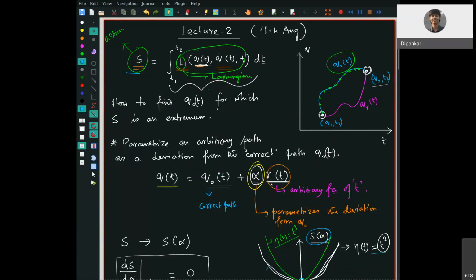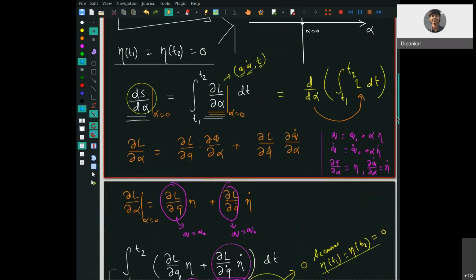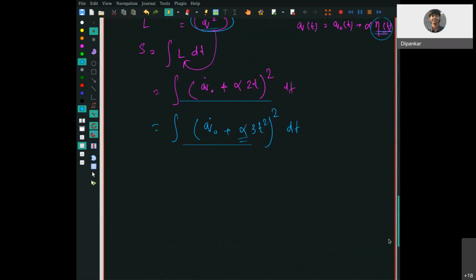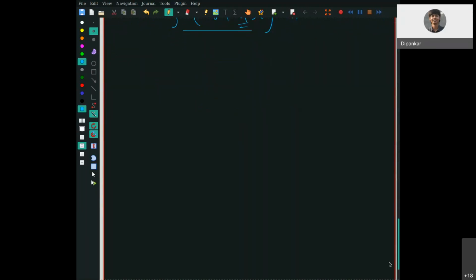Just a function, and I am interested in this abstract mathematical problem that I want to find the evolution of a system that is described by this L from Q1 T1 to Q2 T2, and I try to formulate how this system will evolve with time. That's the only thing I have told you yet, nothing else. But I would be coming to examples, if not in today's class, then in tomorrow's class. So keep your patience. If you don't get your answer by tomorrow's class, then do ask me again.